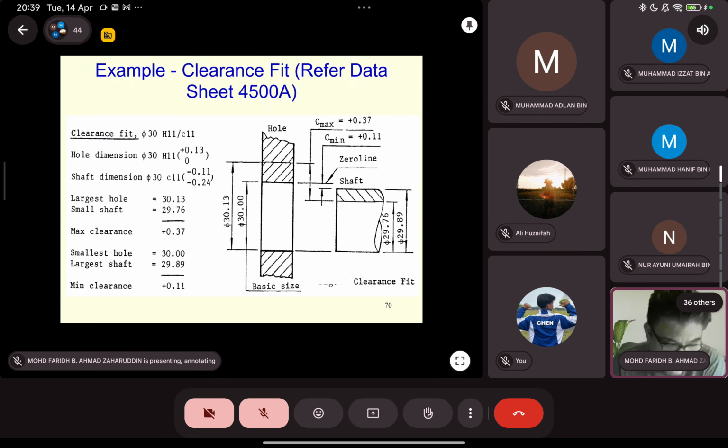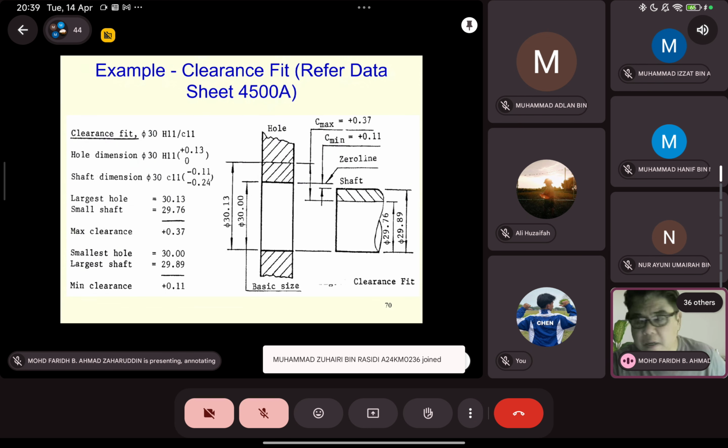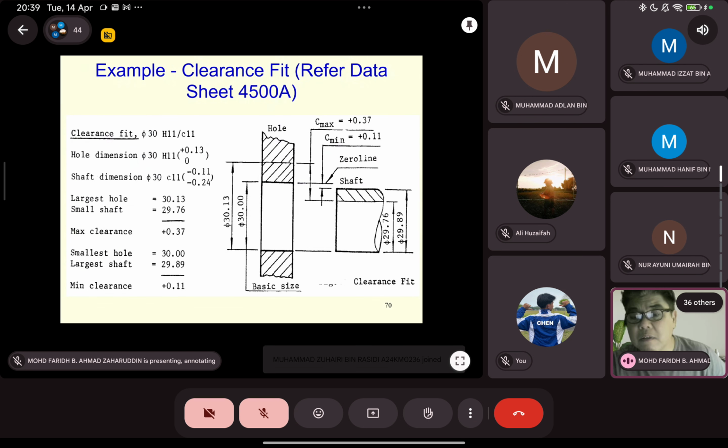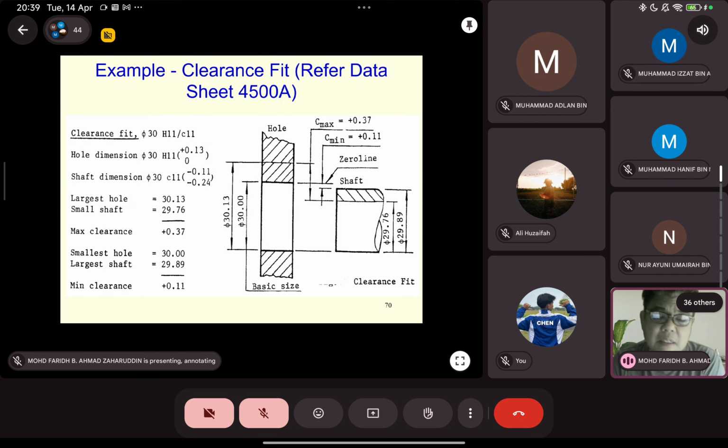Okay, so we're going to do some revision on the previous slide, which is yesterday, on the calculation of limit and feeds. As I did teach you, in this calculation, limits and feeds, we are referring to the British Standard 4500.